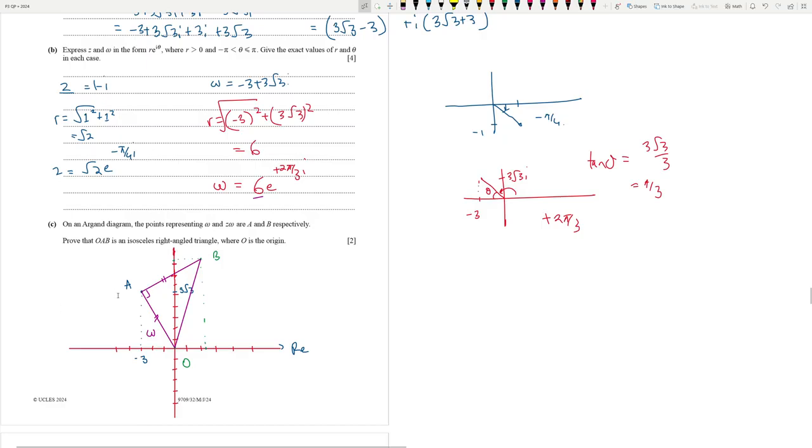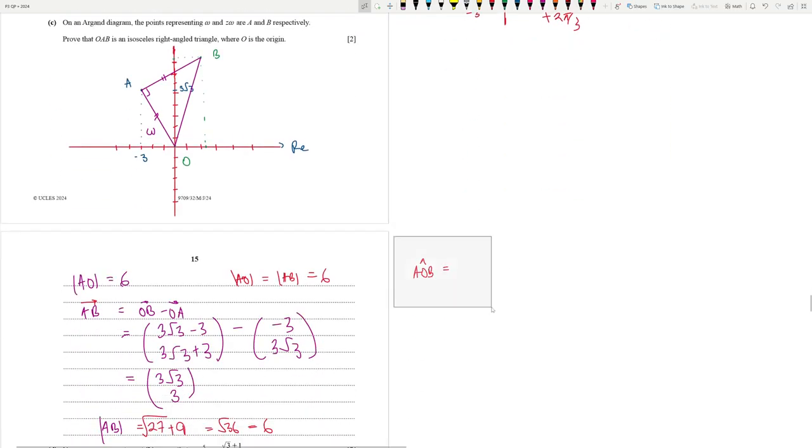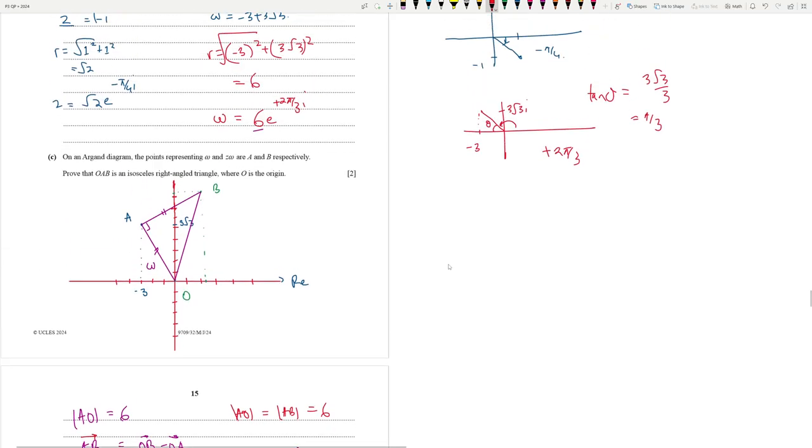Clearly A, right? But it's hard to do. We can't really find that out. What we can do is, since we know that this is an isosceles triangle, we just find out this angle over here. Check this. The trick is we are going to find out this angle.